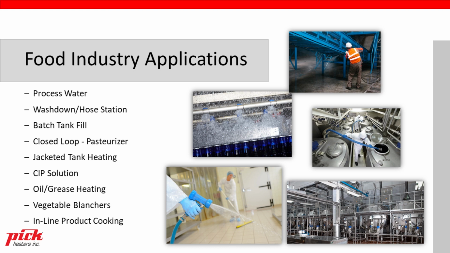So we've got the heaters that can be used in this type of application. And then there's inline product cooking, and that can be various different food products from baby food to pet food to ketchups and sauces, a lot of starch products. So very common application for a steam injection, a sanitary or SC type steam injection heater.